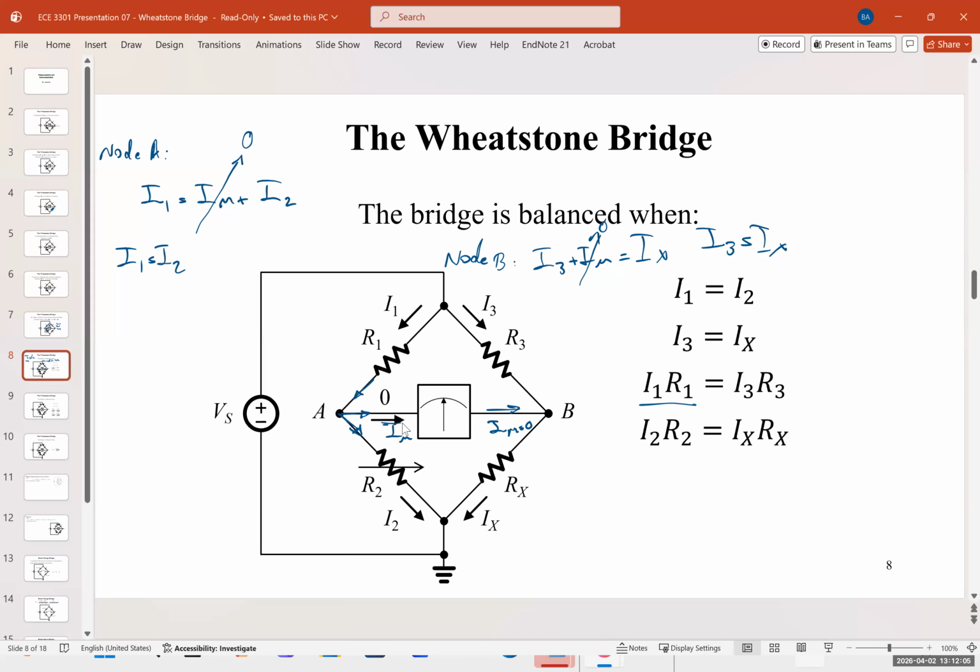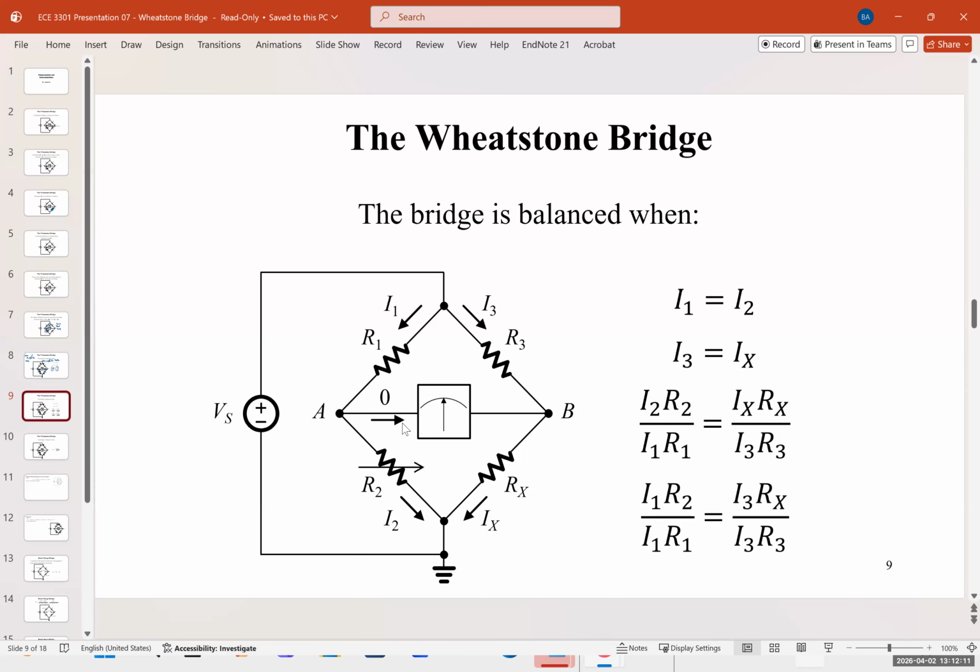Now, since I1 and I2 are equal, and I3 and IX are equal, we can write it like this: I2 R2 over I1 R1 is equal to IX RX over I3 R3. And since these are equal, I can just simply get rid of this and get rid of this. What we are left with is R2 over R1 is equal to RX over R3.